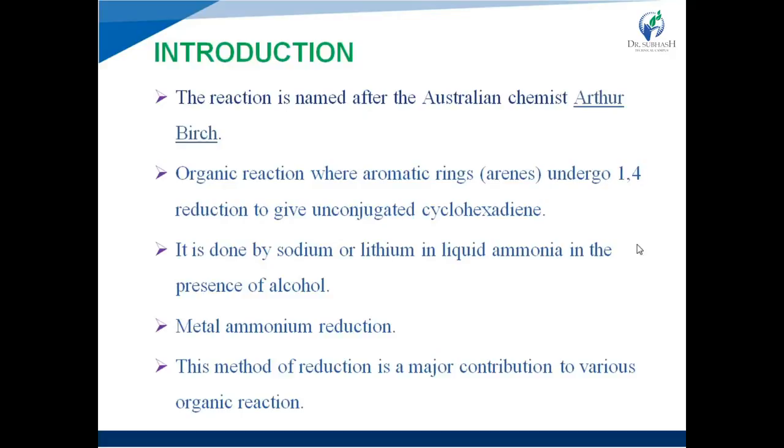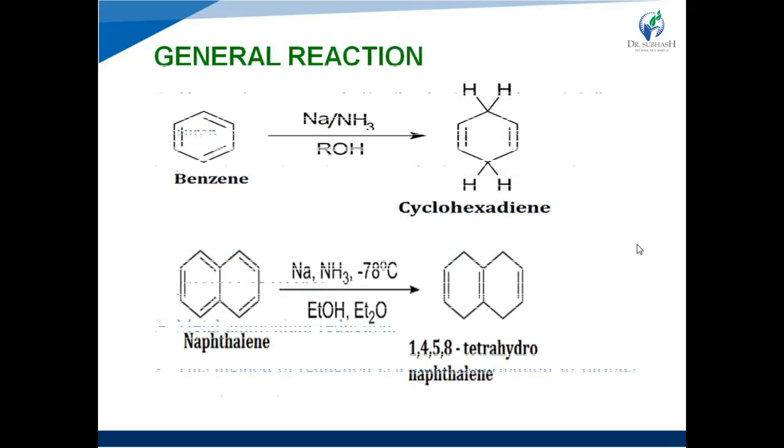So it creates many opportunities to create intermediate unconjugated double bonded cyclohexadiene rings, which are again useful for the synthesis of different types of medicinal compounds. That's why it is a major contributor to the synthesis of organic compounds.